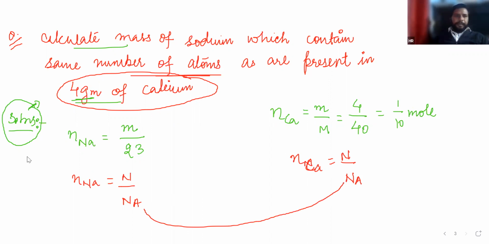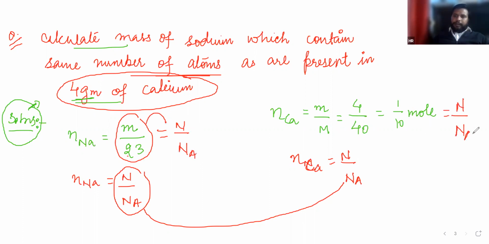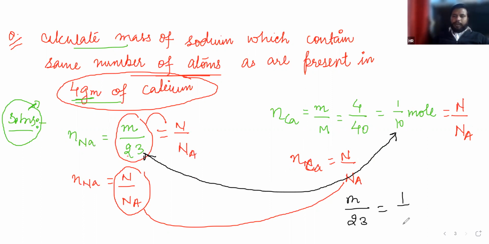Etasham, these two will be equal to each other, and we already know that this is also a formula for finding moles, and this is also a formula for finding moles. That means you can write n upon Na here and n upon Na here. Now equate these two: m upon 23 equals 1 by 10.